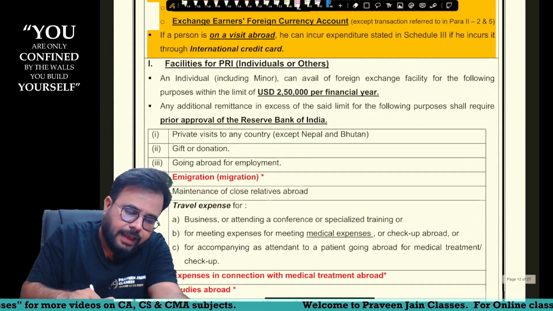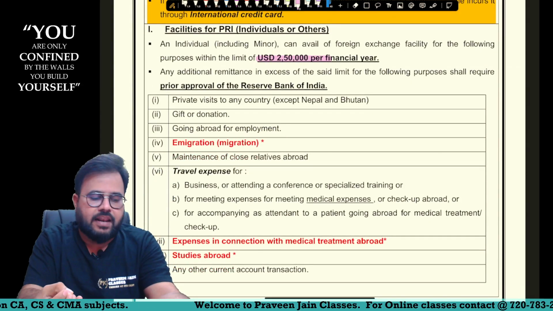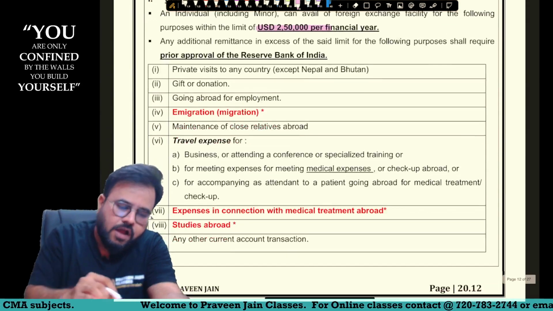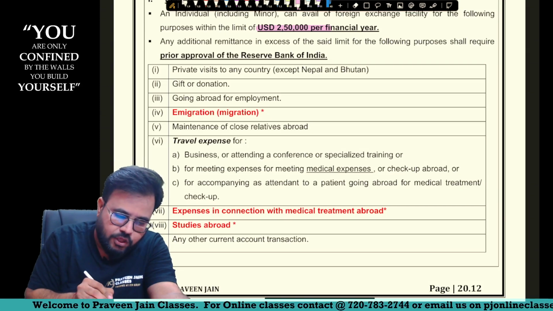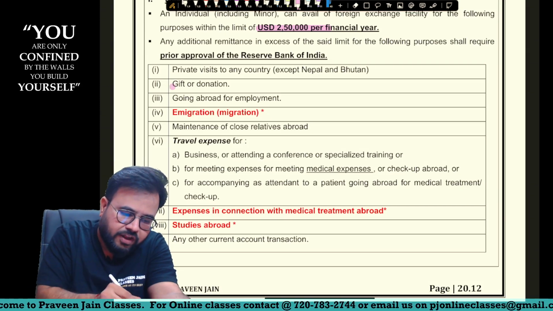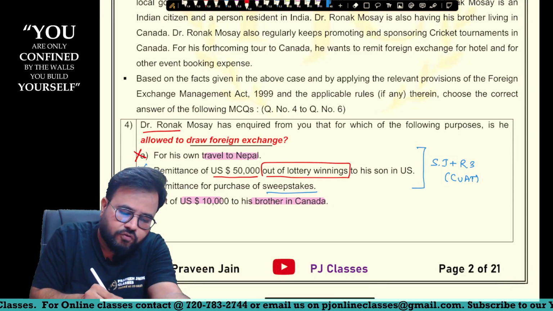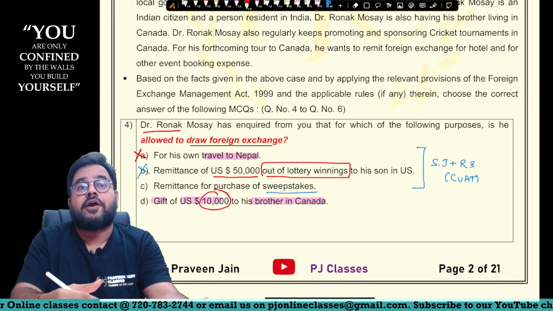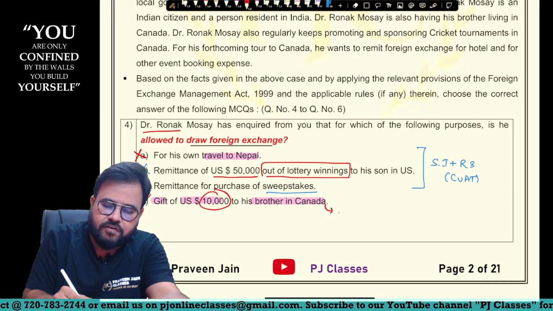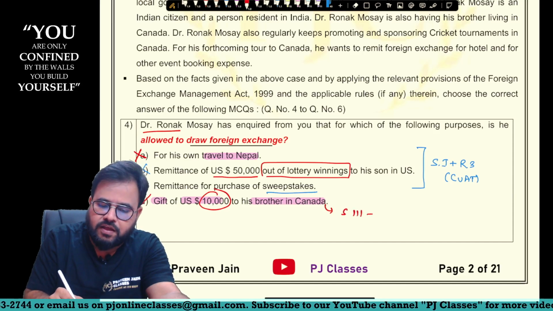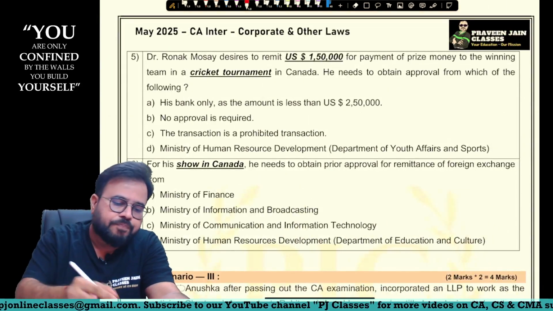Can I say a PRI up to $2.5 lakhs, this is what we call LRS, the Liberalized Remittance Scheme, sir. Up to $2.5 lakh per financial year, he can draw for giving a gift or donation, sir. So drawing foreign exchange of only $10,000 is fine. Up to 2.5 lakh it is allowed. So hence this is the right answer, sir. We are giving this answer as per schedule number 3 read with rule number 5. And this is also a current account transaction, sir.